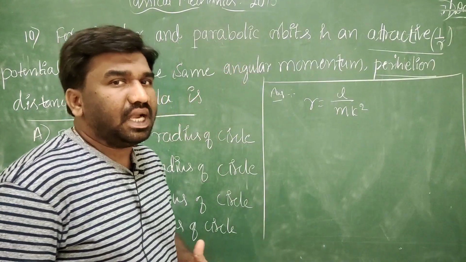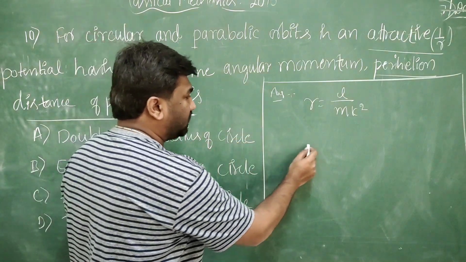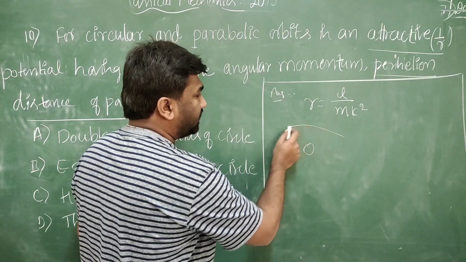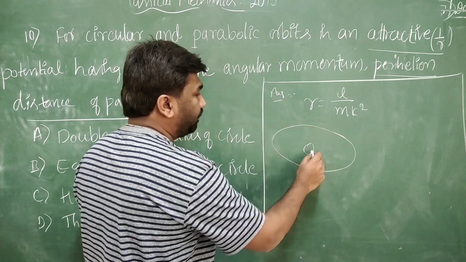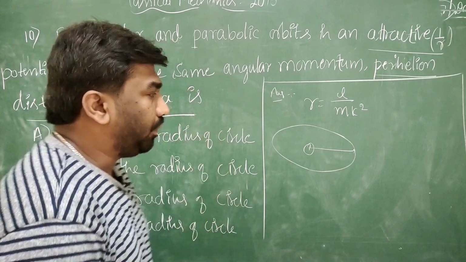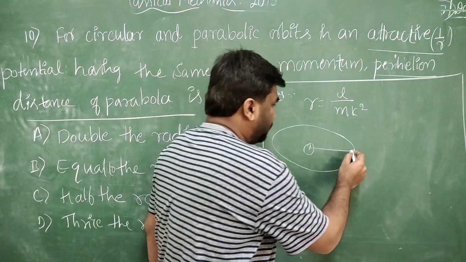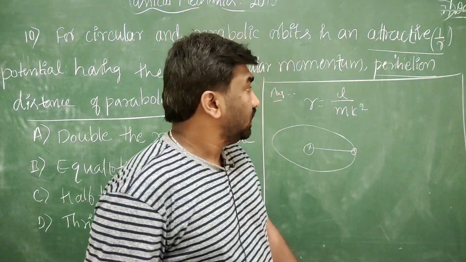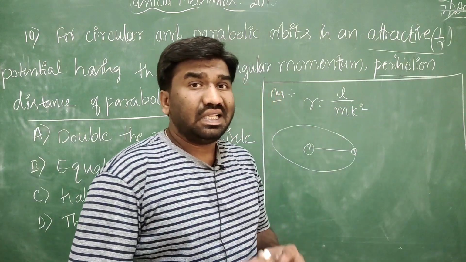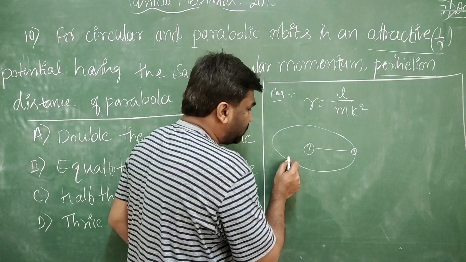Perihelion means, for example, let us consider the motion of a planet around the sun. For example, this is the sun and the planet is revolving around. So if suppose this is the planet, the perihelion means the point where the planet is closest to the sun.